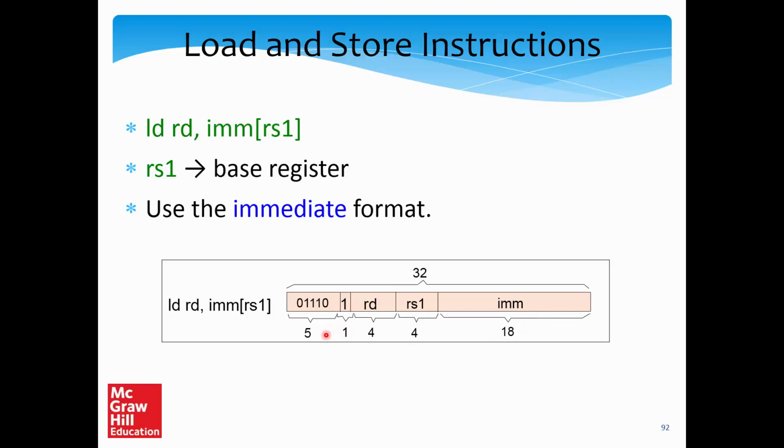So this is exactly the immediate format that we are using for the load instruction as well. So just to repeat, the load instruction has a register destination rd, which is saved over here. It has a base register, which we are using as the first source register rs1. It has an immediate, which we are considering to be the second operand.